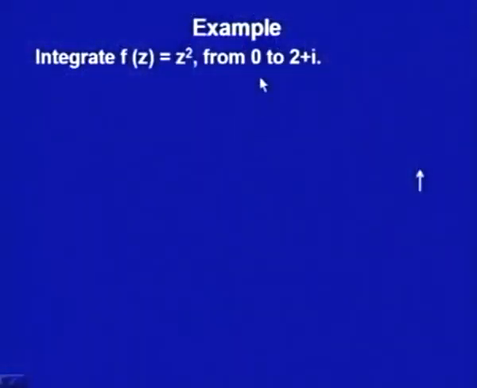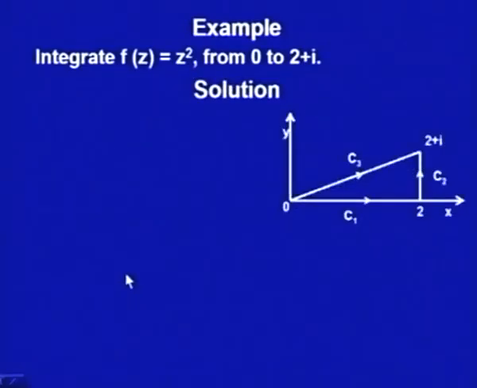So, let us take this first example, where the function f(z) is z^2, and the two points we are taking are 0 and 2 plus i. Let us take the figure. We have this point 0, that is (0, 0) in the complex plane.